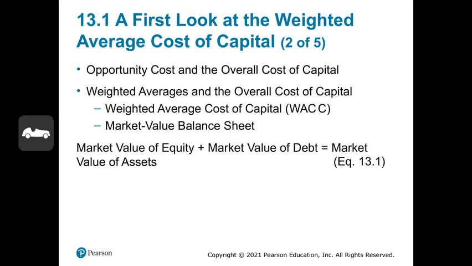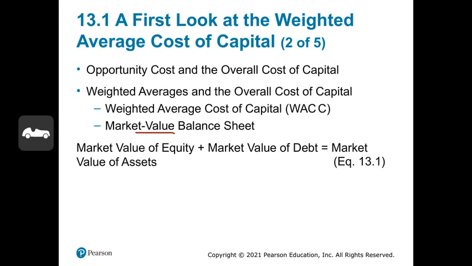What's going to be important is the market value of our balance sheet. So remember that the balance sheet is based on accrual basis accounting, and accrual basis accounting is based on historical cost. So everything's recorded at its historical cost. But historical cost and the current market value don't always coincide.